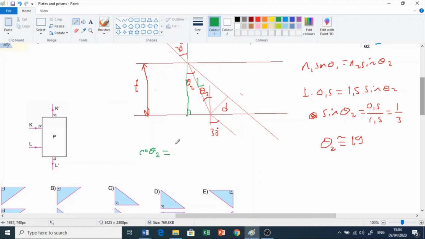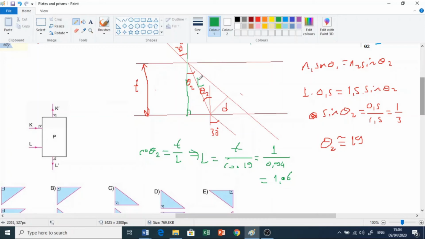It will be equal to t over L. The cosine of this angle is this side divided by that side. From here we can write that L will be equal to t over cosine 19. And we know that t is equal to 1, given in the problem, divided by cosine 19, which is 0.94.